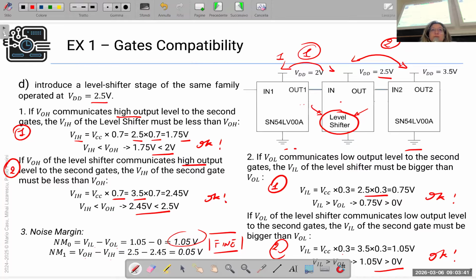What VDD works with the shifter? We could find the correct interval algebraically, right? If you don't know it, we could solve it algebraically. But I told you that the level shifter is of the same family of the other two gates, so you know how it works, because in the datasheet, all the values are given.